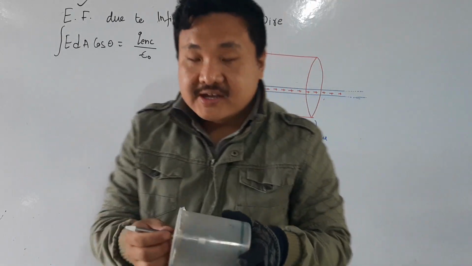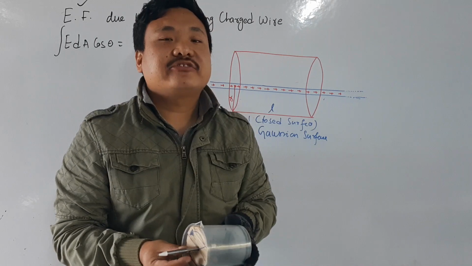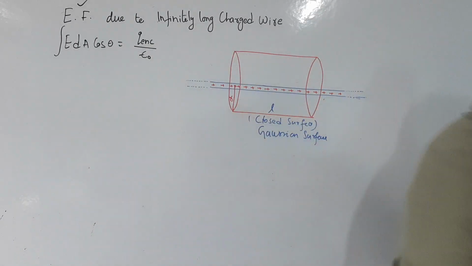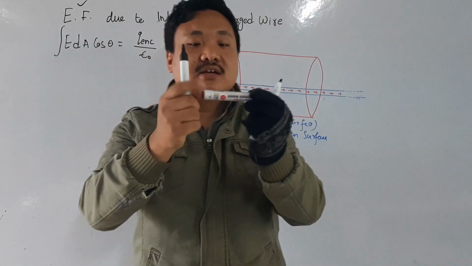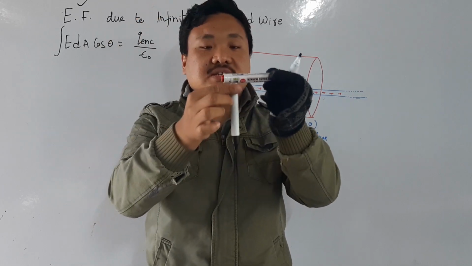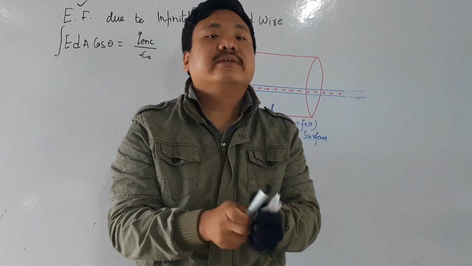And you know, from this charged wire the electric field is going radially outward. From this also the electric field is going in this direction, everywhere.